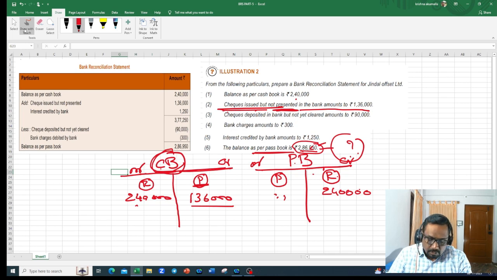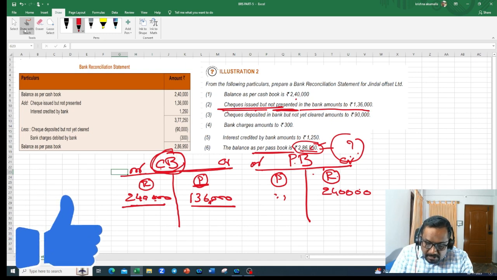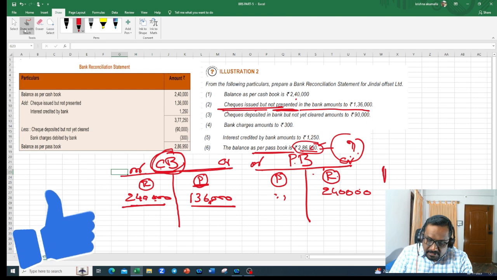Clear? So now what is the balance situation? 2,40,000, here 1,36,000. The balance is reduced. What is the balance? So one debit, one credit. This balance got reduced. But the question mark balance is increased.